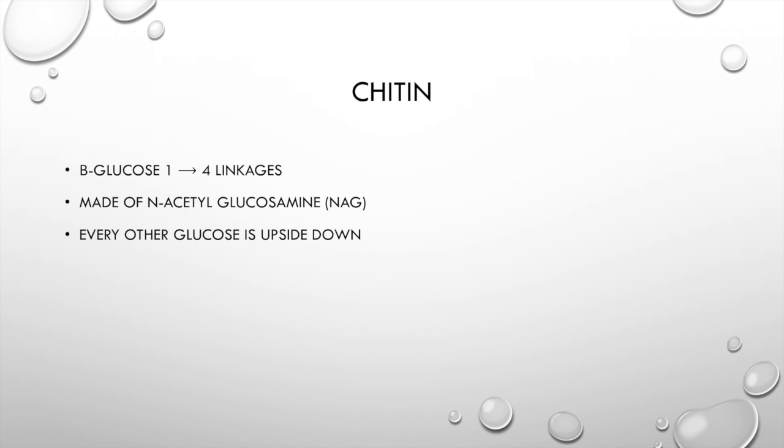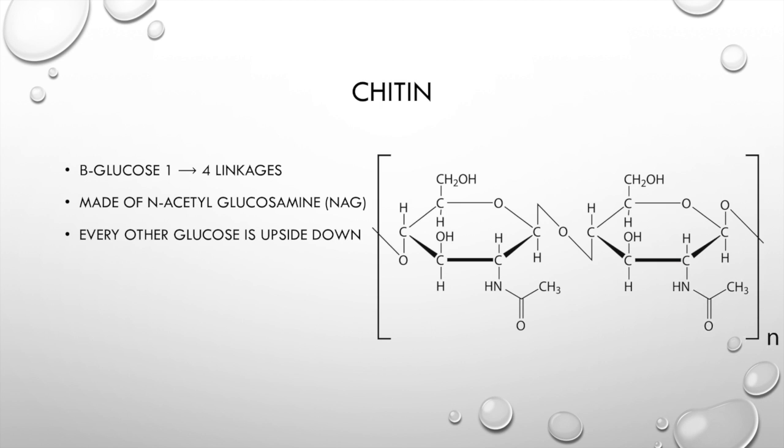And every other glucose is going to be upside down. So here we can see every other glucose is upside down due to this line. If we were to straighten it out, we would see that this would technically be upside down. And here's that NAG functional group containing that nitrogen on the glucose molecules.